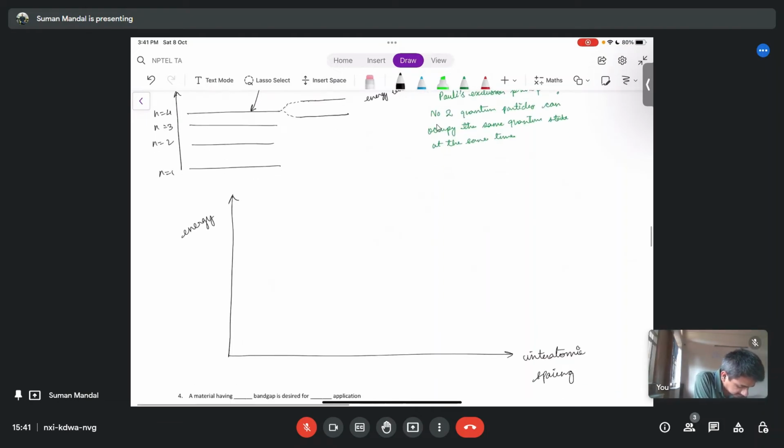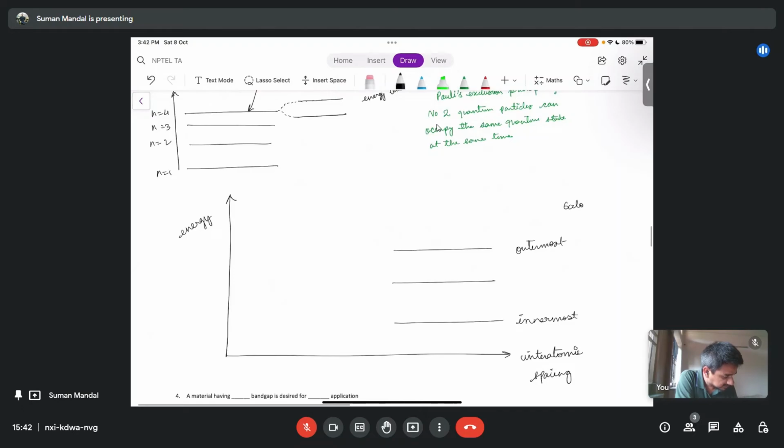So let's say there are 3 energy levels. This is the outermost, this is the innermost. Let there be 6 atoms coming together.